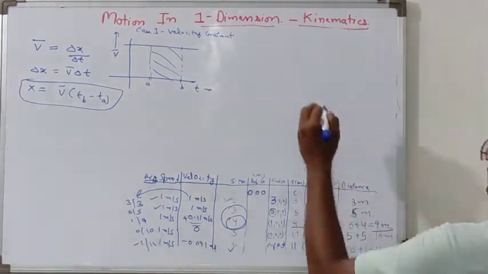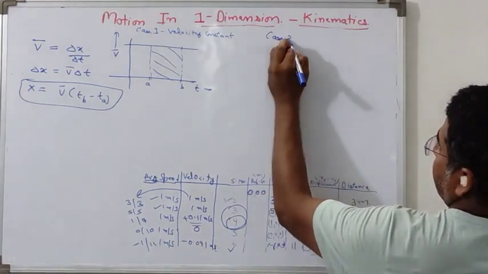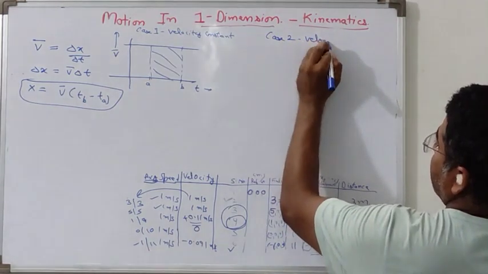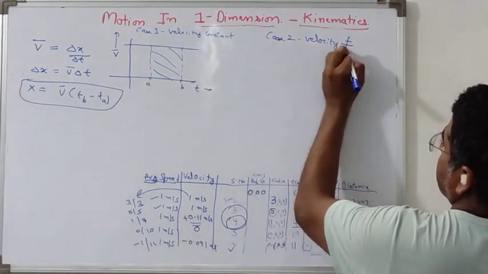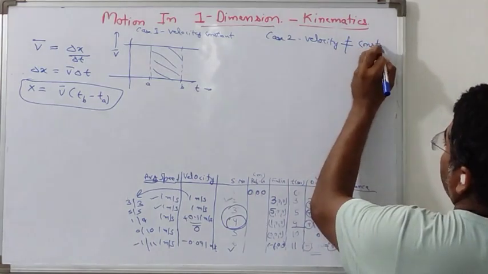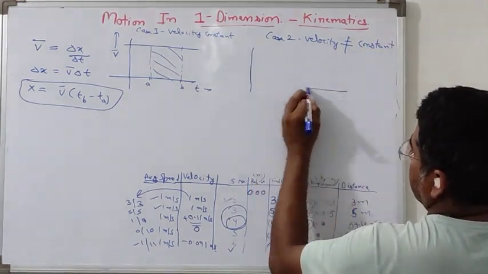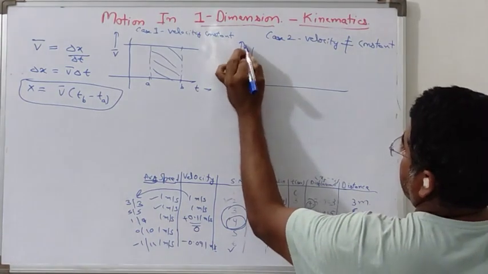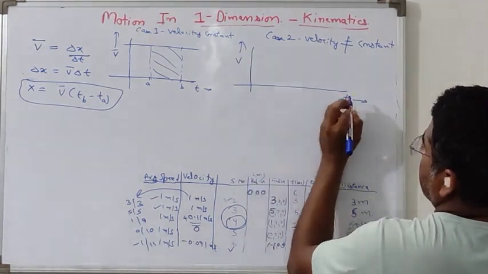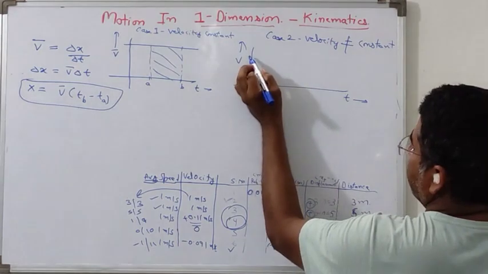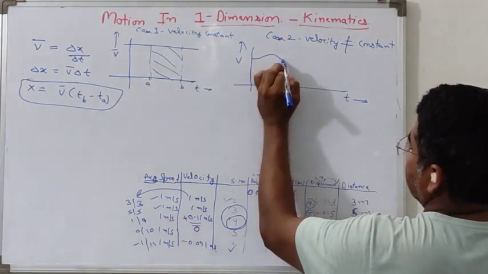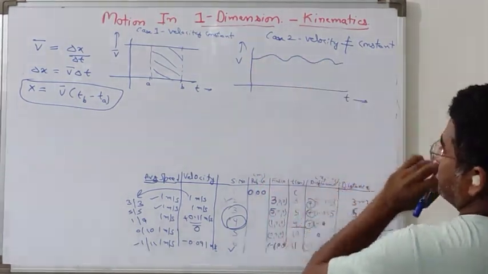In the second scenario, case 2, velocity is not constant and it is some function of t. It could be any arbitrary function.